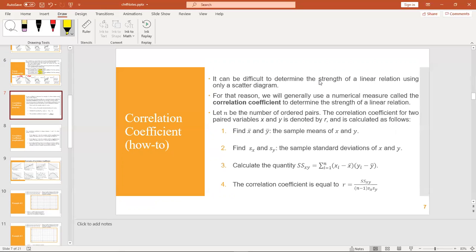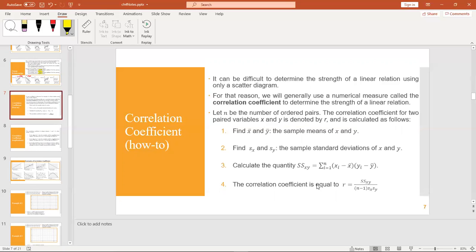Now, back in the day, the way that you would find the correlation coefficient is you would do the following steps. You would have to find x bar and y bar, which are the means of all the x's and all the y's. Then you would have to find s of x and s of y, the standard deviation of all the x's and y's.